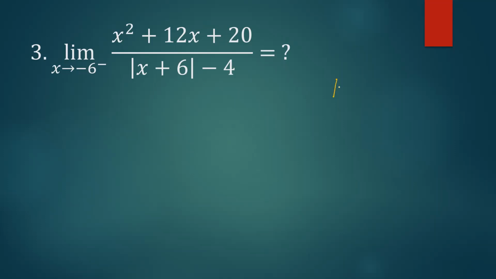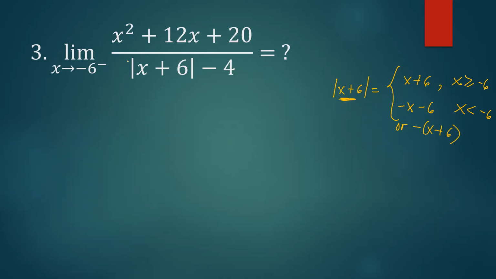So let's have this, x plus 6. This is equal to x plus 6 if x plus 6 is already positive or x is greater than or equal to -6. Otherwise, kapag yung x natin is less than -6, we will use the negative version of this, which is -x minus 6 or negative of x plus 6.